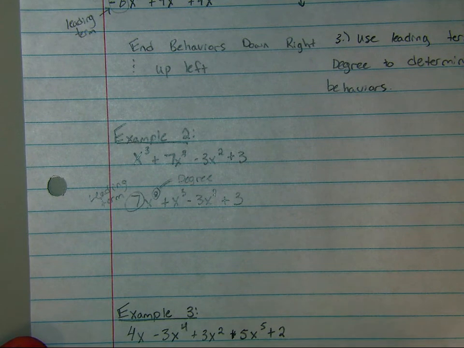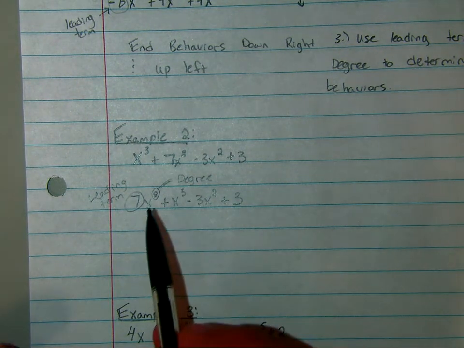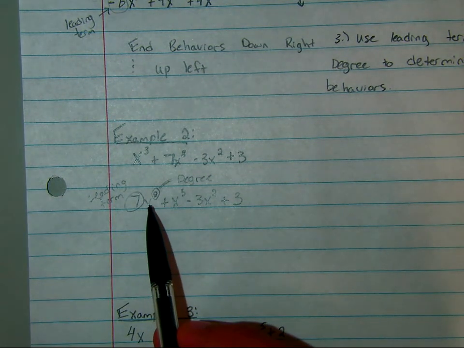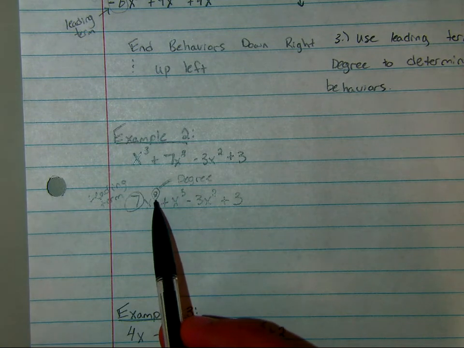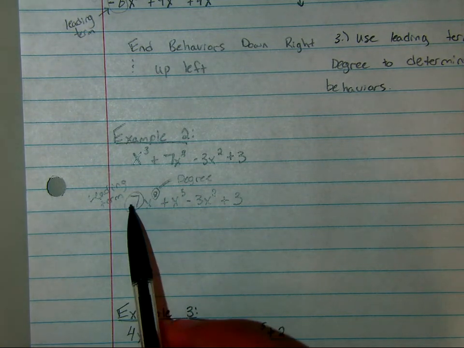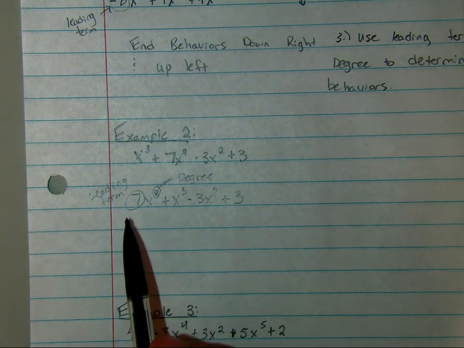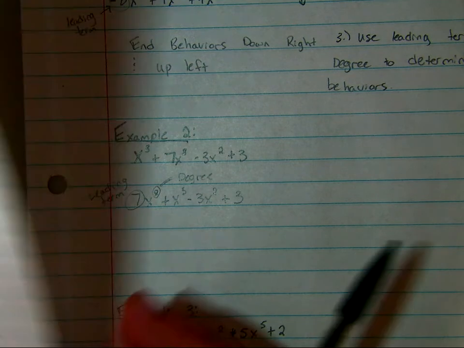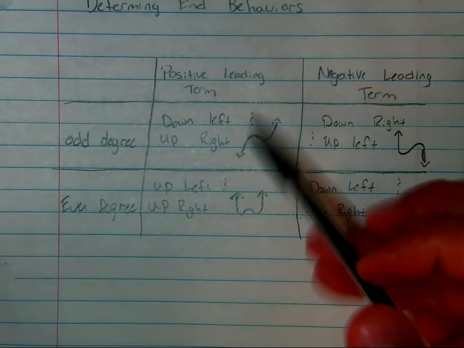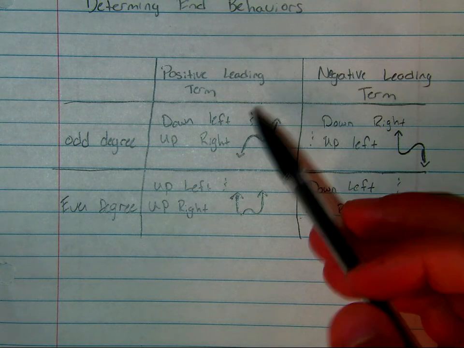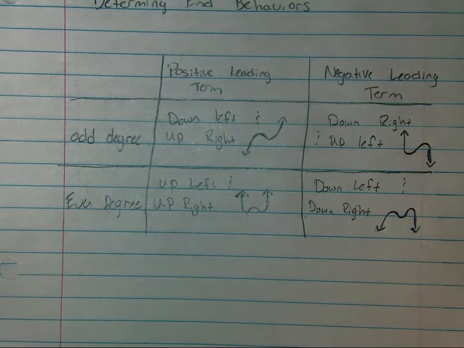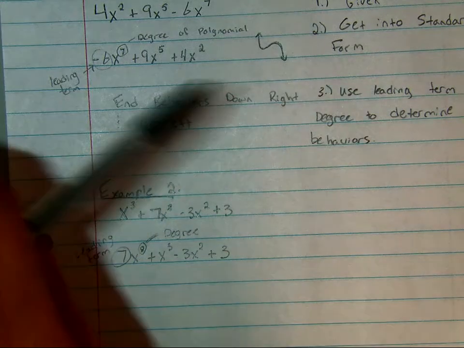Now I determine, I look at my degree. I see my degree is even, it's 8. My leading term is a positive 7. So I have a positive leading term and an even degree. If I come back over to my chart, I look at positive leading term and even degree, I see that it's up left and up right.